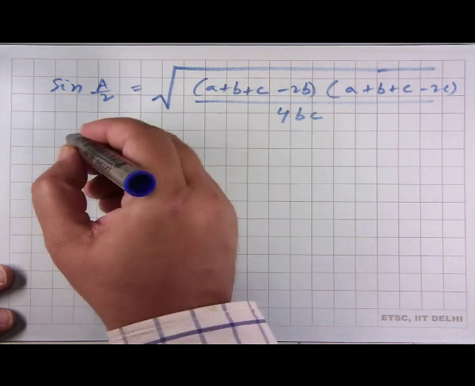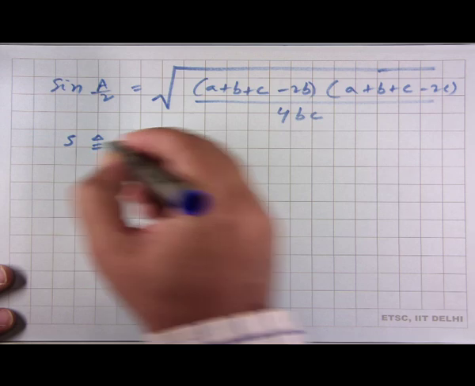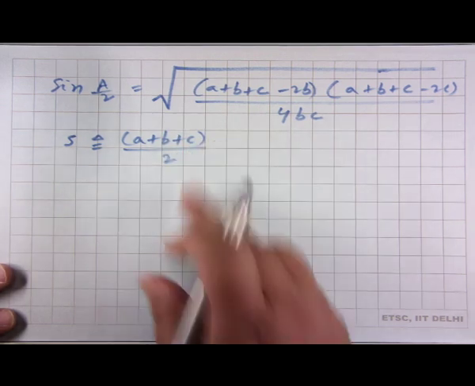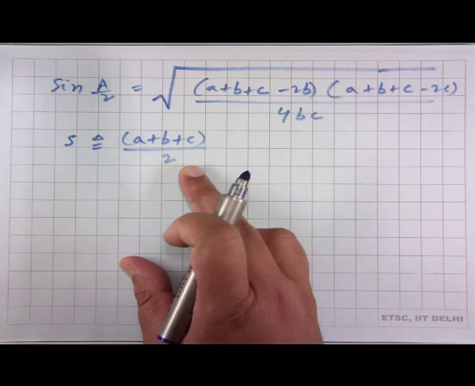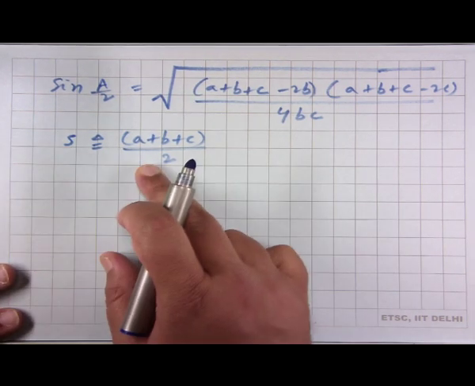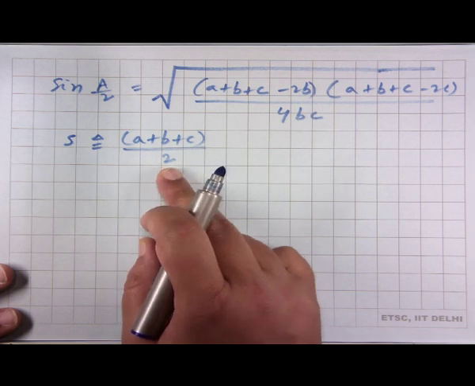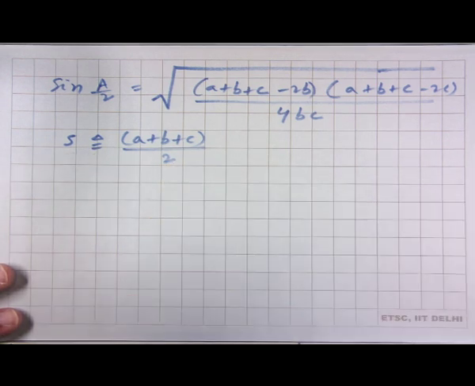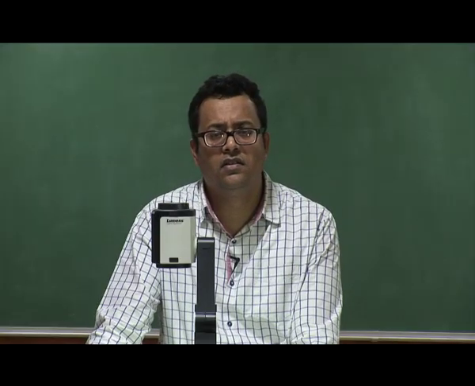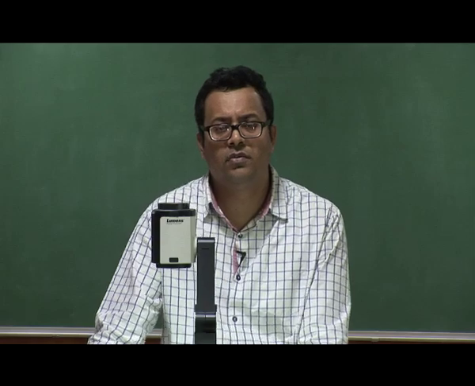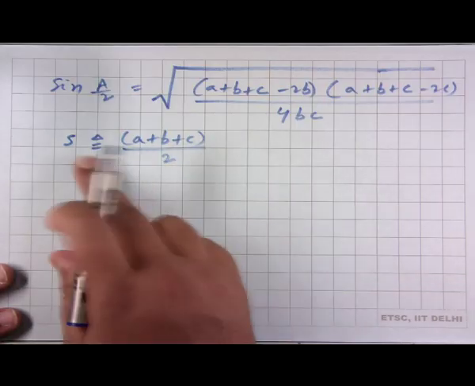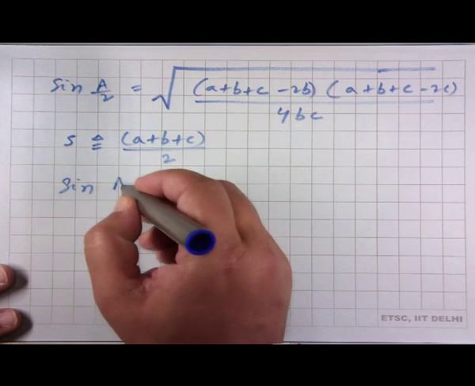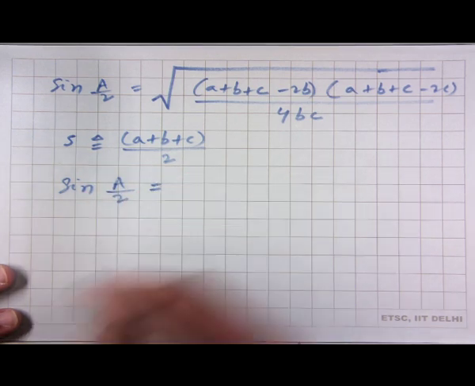And then let us define by S half of the perimeter of the triangle. So a plus b plus c is the perimeter of the triangle, and this S is nothing but the semi perimeter of this triangle. If you know the lengths of the sides of the triangle, then the semi perimeter is also known immediately.